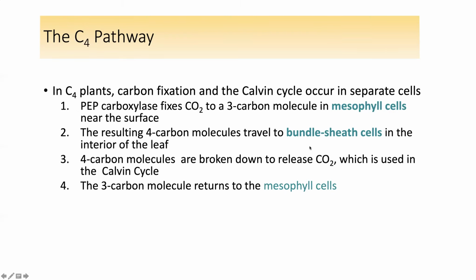The 3-carbon molecule that the carbon dioxide had bound to upon entering our leaf, it had been released, and we're going to recycle it. So this 3-carbon molecule now returns to the mesophyll cells, where it's now able to fix another incoming carbon dioxide molecule. So we've basically masked the carbon dioxide and kind of shuttled it in to the Calvin cycle so that hopefully we're able to prevent that photorespiration process from occurring.